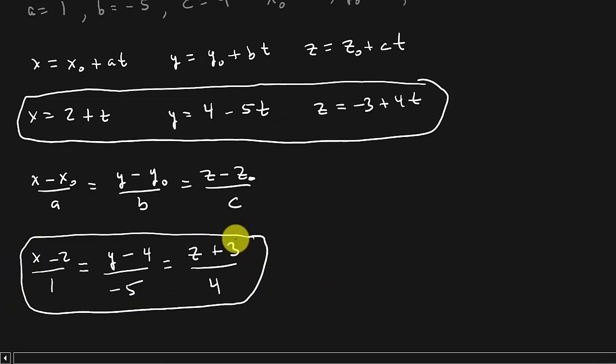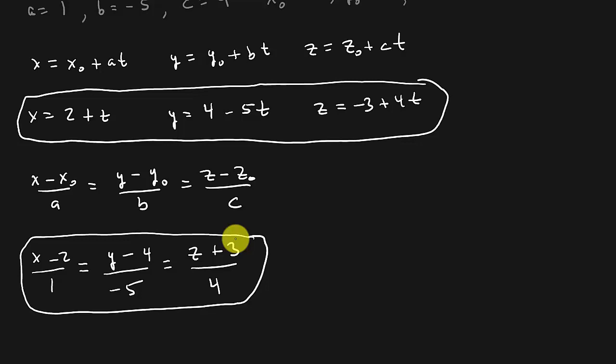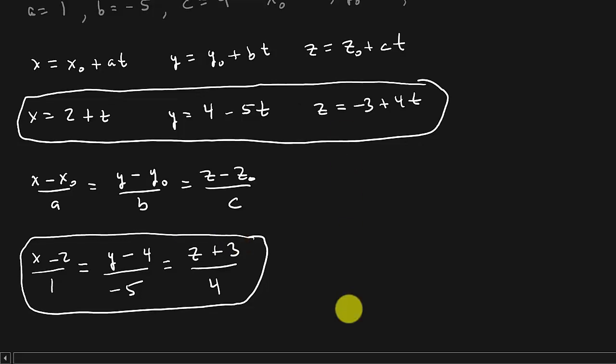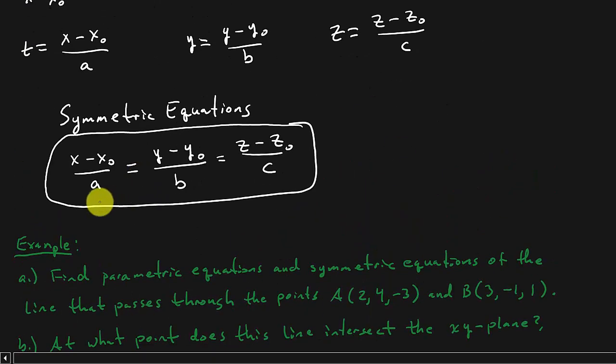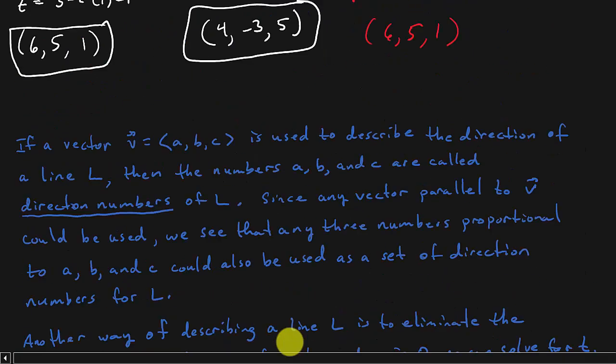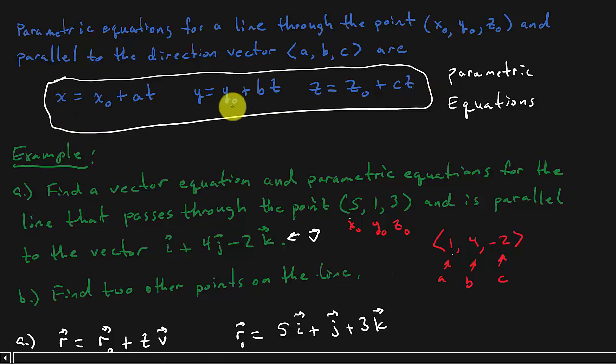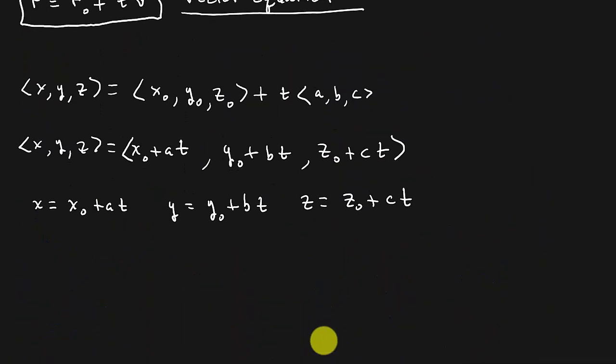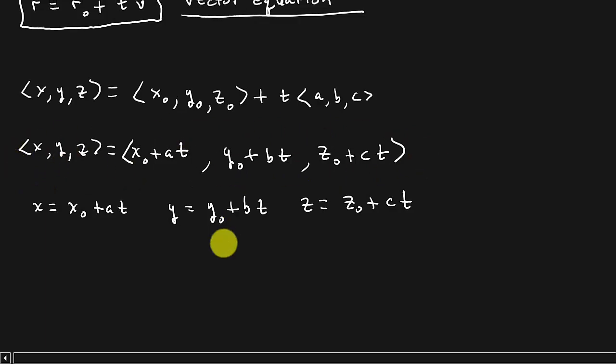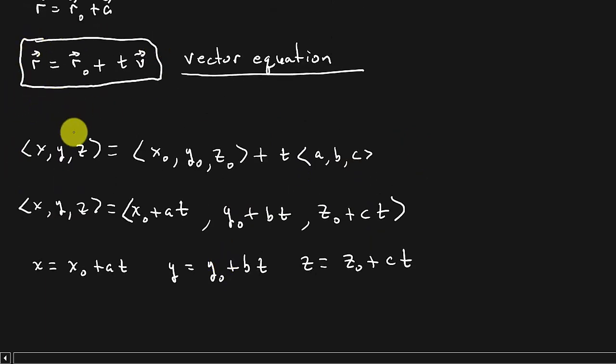And see how easy all this stuff is? You've got to know the format that your vector equations are in, your parametric equations and your symmetric equations. You've got to know this. Okay? You've got to know this. And you've got to know this right here for your vector equation. You've got to know that r is the vector x, y, z.